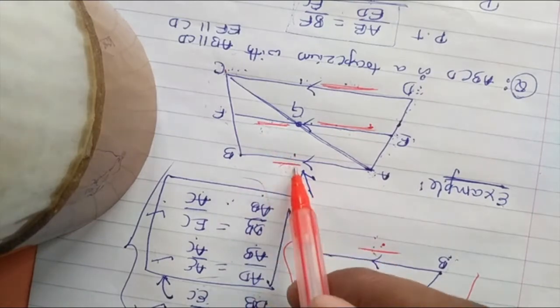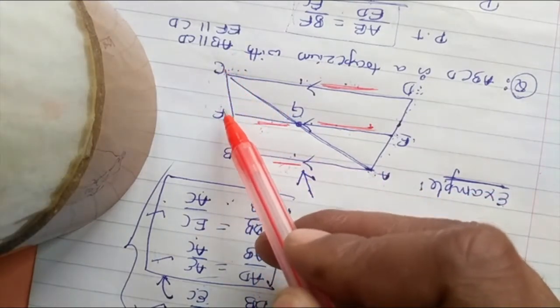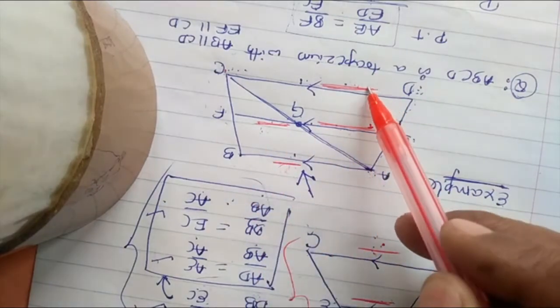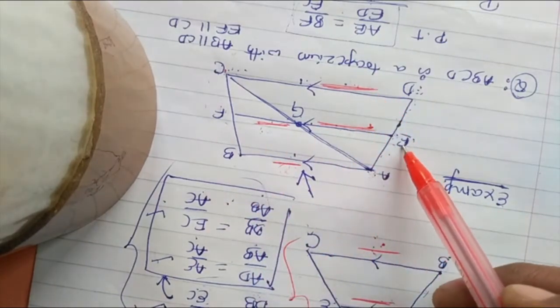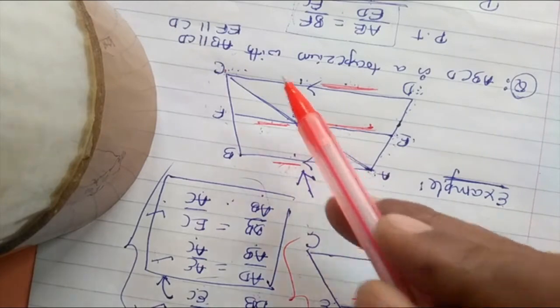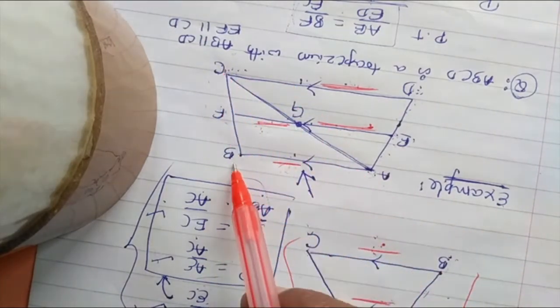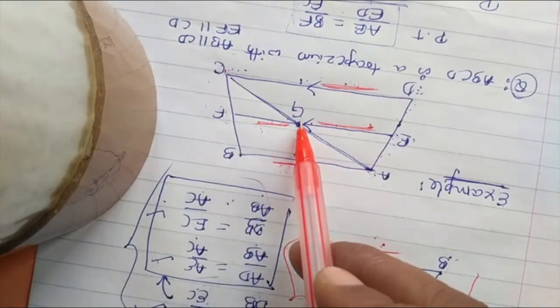When these two are parallel, what can we write? CF by FB is equal to CG by GA. Before, when these two were parallel, we wrote AE by ED is equal to AG by GC. Now we can write CF by FB is equal to CG by GA.